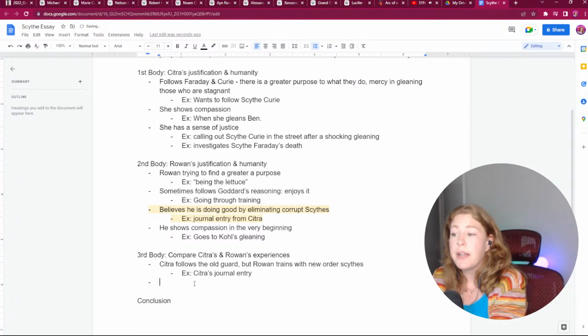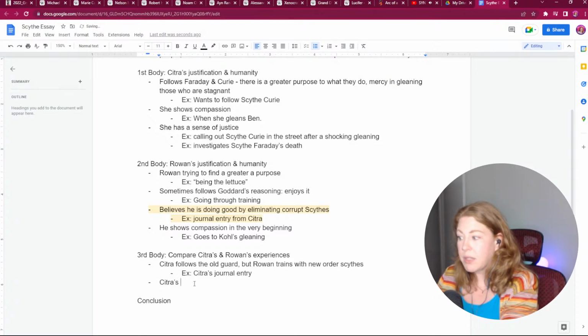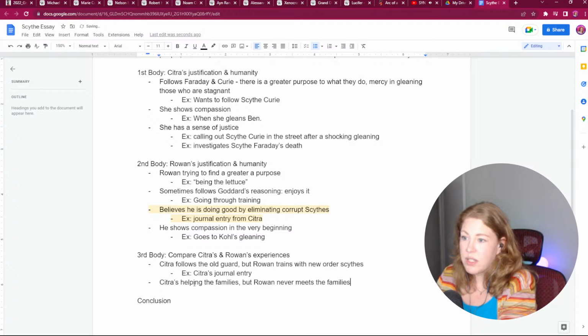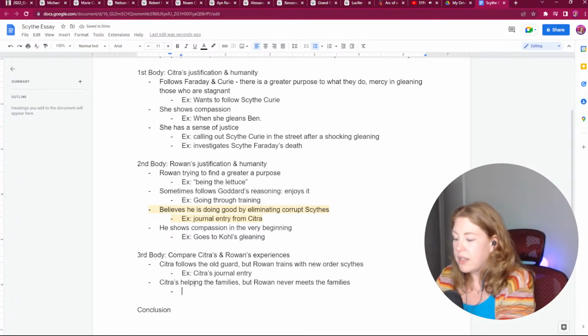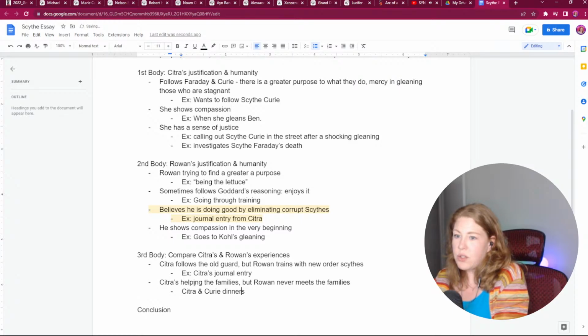Okay, so if you could compare and contrast Citra's bereaving families, helping the families, while Rowan never meets the families of those he gleans. And that can be seen in the part with Citra and Curie dinners.